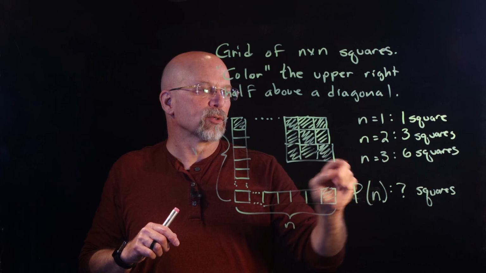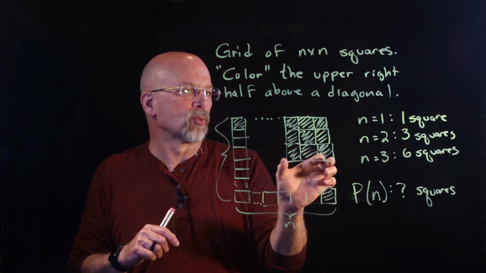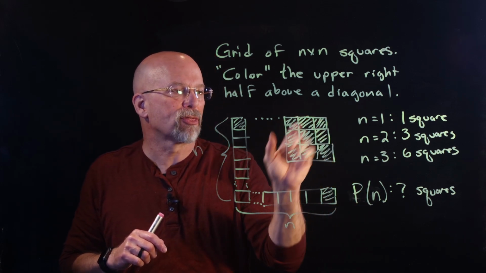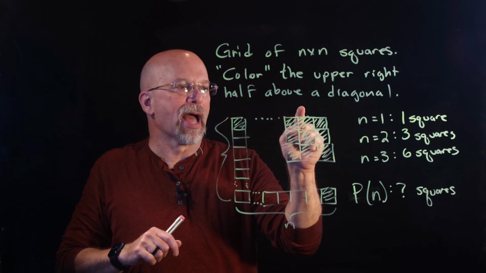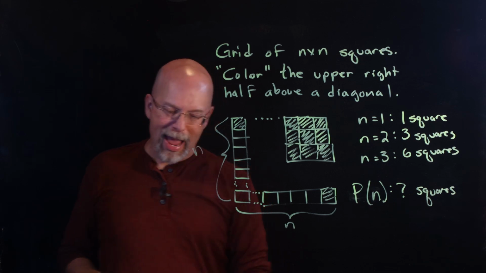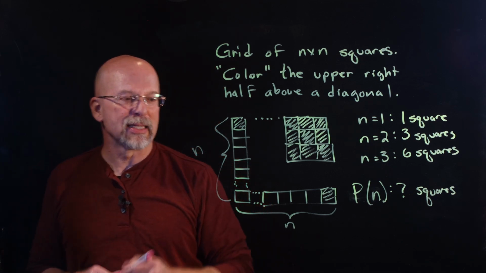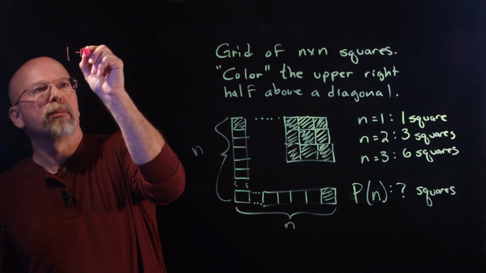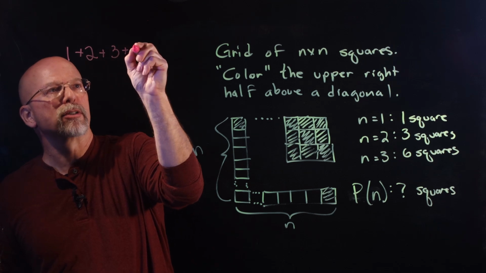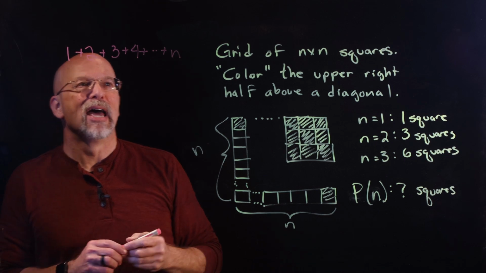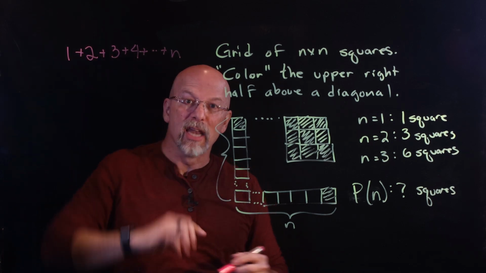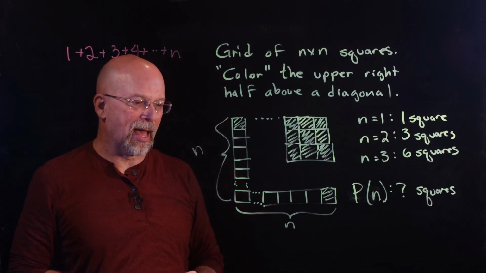And then when we went to n equals 3, so the block like this, we had 3 rows. When we added that 3rd row, we added 3 colored squares. When you add the 4th row, you add 4 colored squares. So actually, what we are looking at is this idea of 1 plus 2 plus 3 plus 4 all the way up until you add n. That is going to identify the number of colored squares that we have.